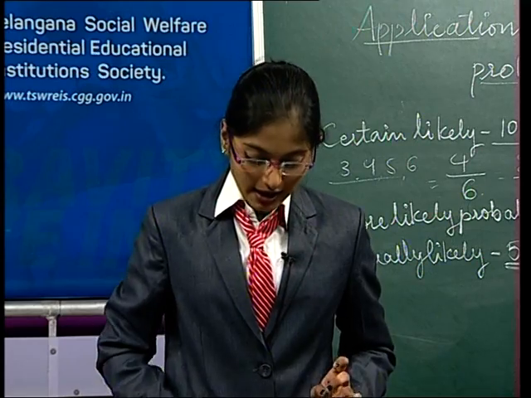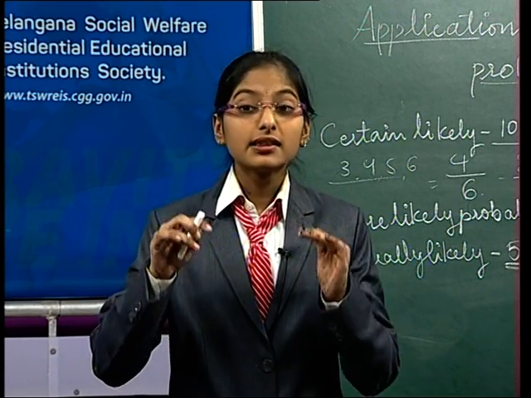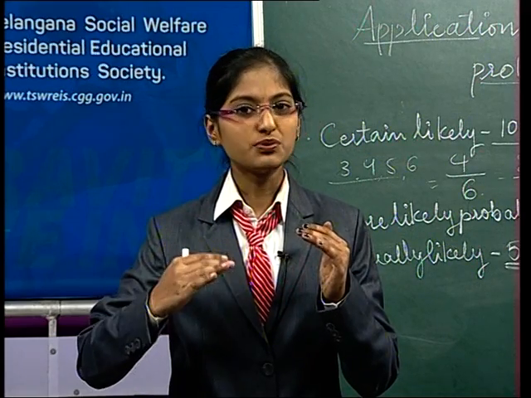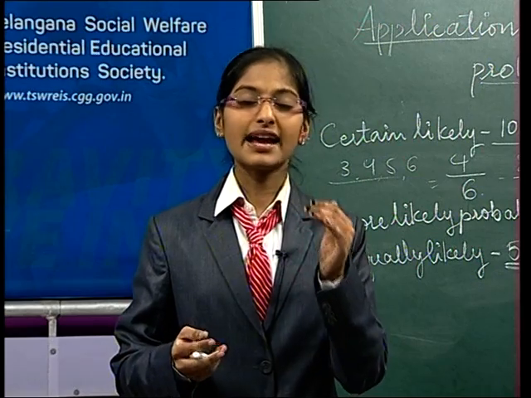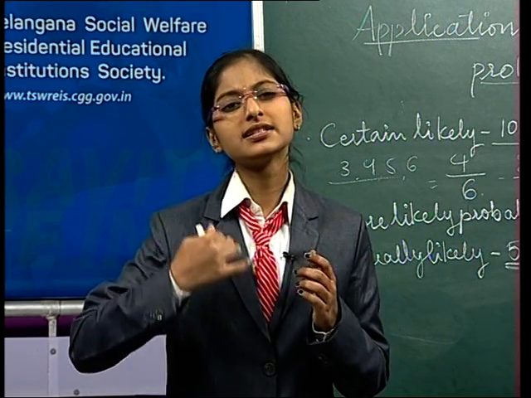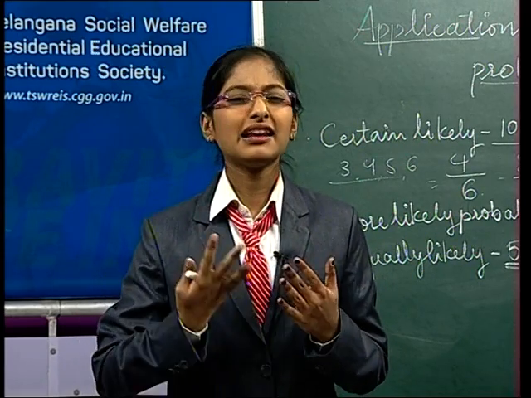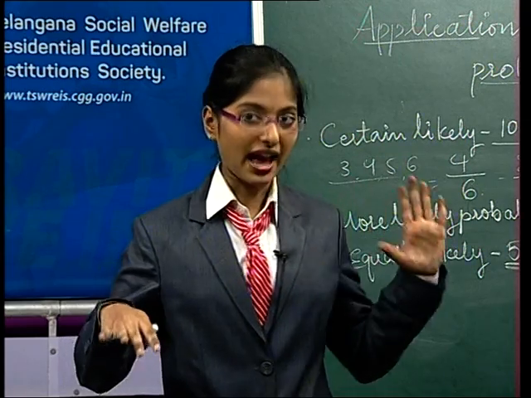Now, impossible likely probability is 0%, and the probability lies between 0 and 1. Always the probability lies between 0 and 1. When we take more likely, equally likely, less likely, all of these come in fraction form.